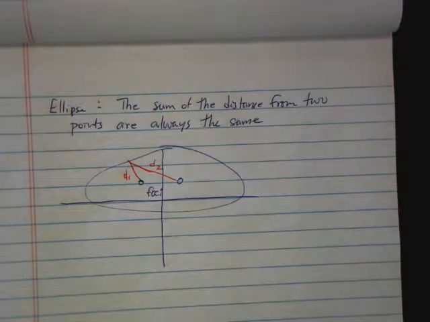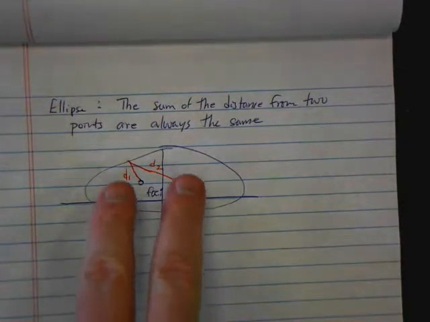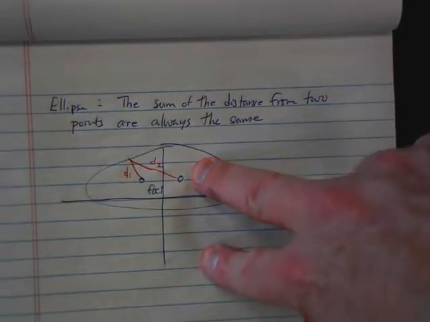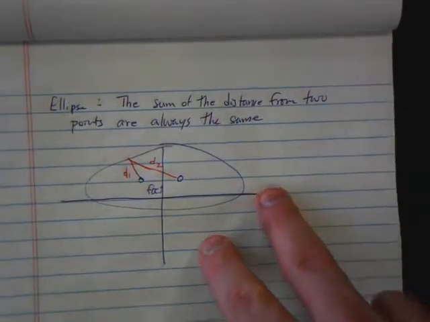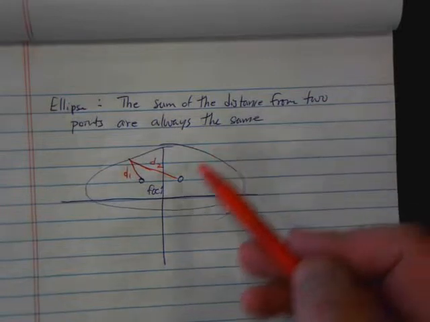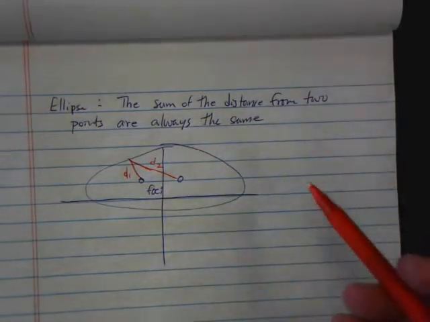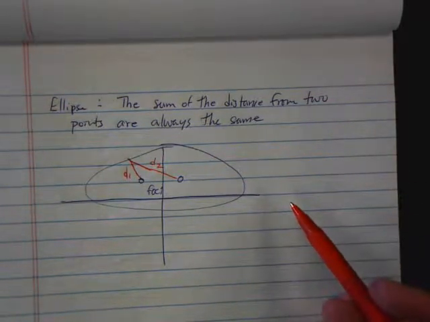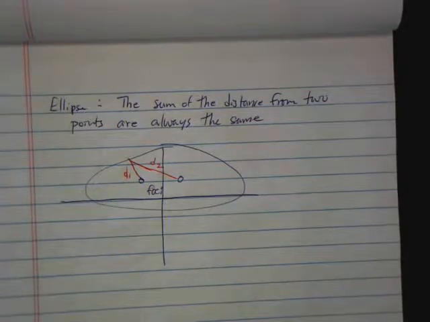In this class, our foci will always be horizontal or vertical from each other. The reality is they can be this way, and then you get an ellipse going in that direction. And you can do the same thing with a parabola. Parabolas don't have to open up and down, left and right. They can open at diagonals, but we don't cover that in this class. That would usually be covered in a class called like plane geometry.